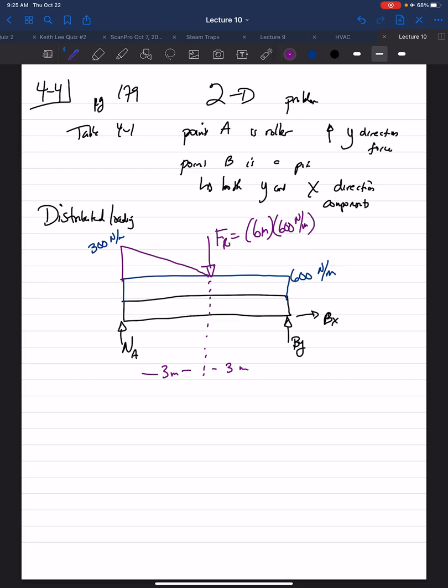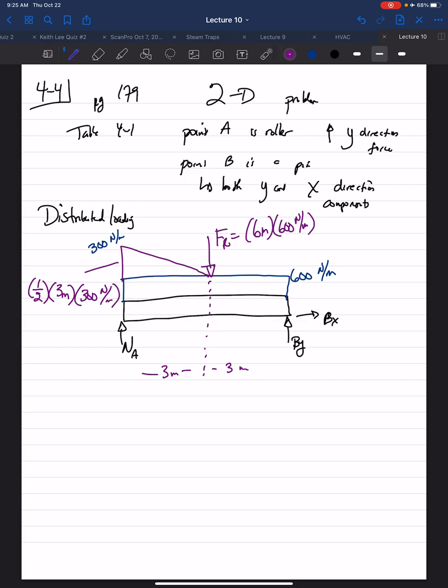And for the triangle, the area is half the base, and this is from Appendix B, half the base times the intensity, 300 newtons per meter.